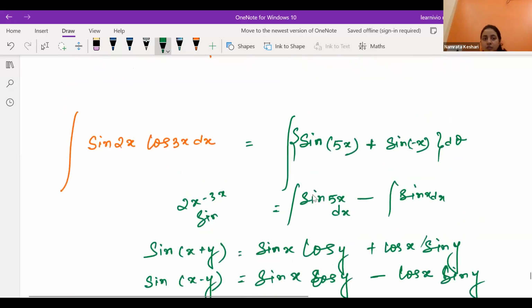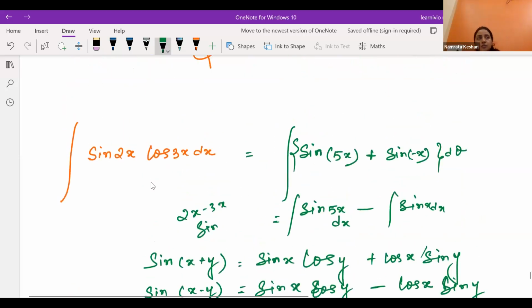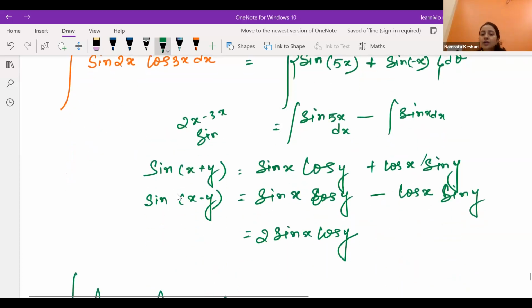So 2 was not there. Either at first you do the multiplication of 2 and division of 2, or towards the last you have to write 1 by 2. That means this 2 you are shifting to the other side, right? Am I making sense? Okay, so be careful, 1 by 2 will be there.